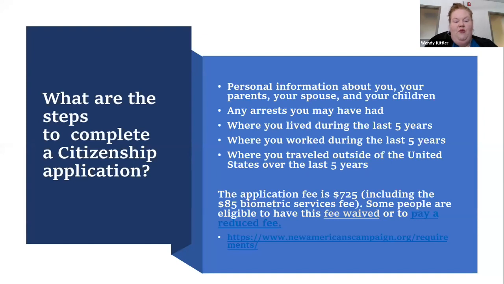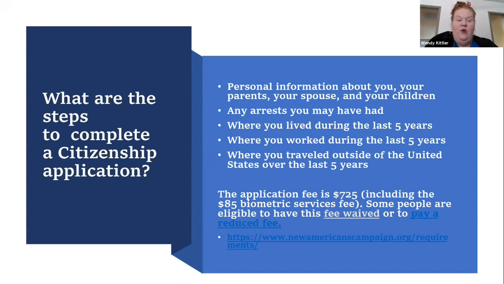These are the steps for a student to complete a citizenship application. They'll ask about personal information, but not just about them. They'll ask about their parents, your spouse, children, any arrests, where they've lived, where they've worked for 5 years, where you've traveled for 5 years. Now, this is quite a steep application fee.